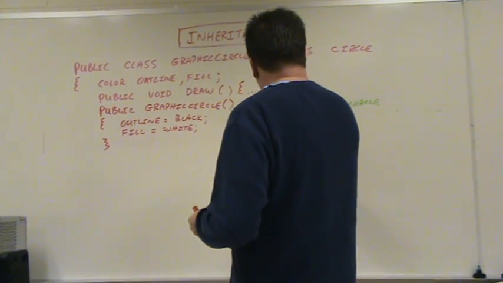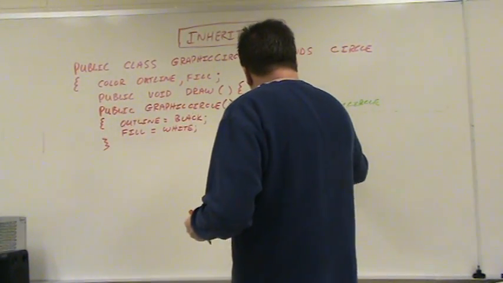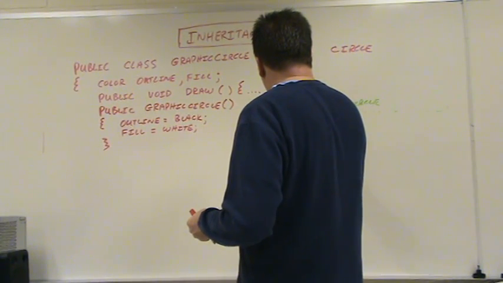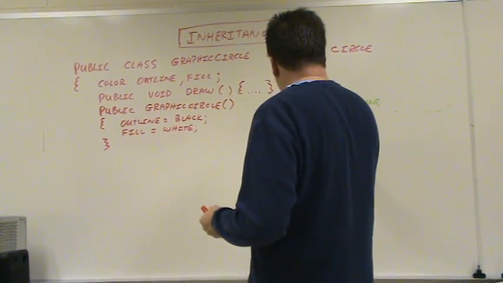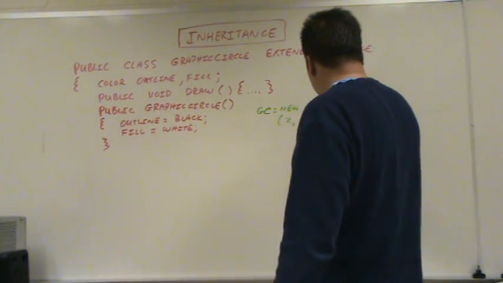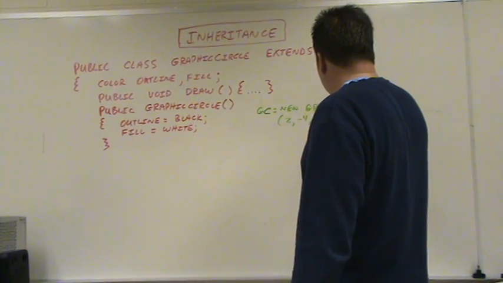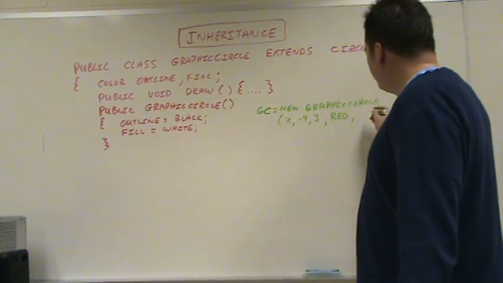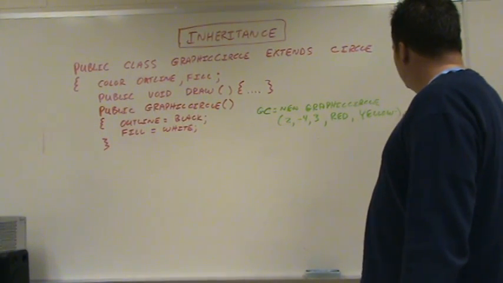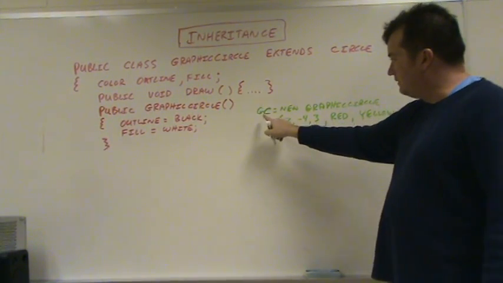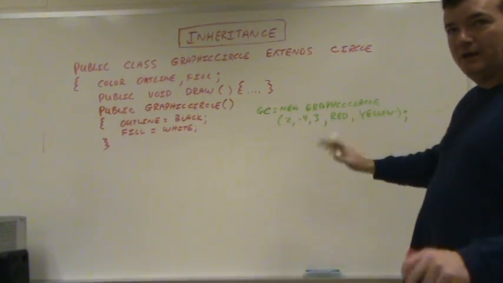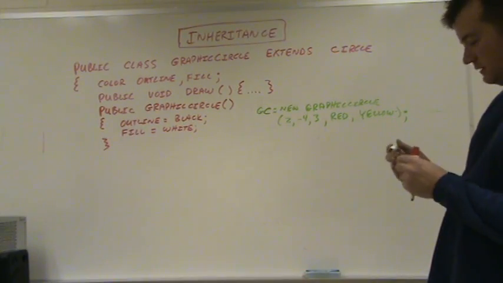And then they'd give parameters like they want the X to be 2 and the Y to be -4 and the radius to be 3. And they would like the circle to be red, and they would like the fill to be yellow. So they call it like this. They say GC equals new graphic circle, and they give us 5 parameters. And then we have to go and create one with those instructions.